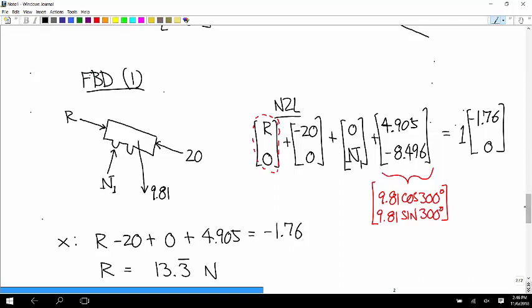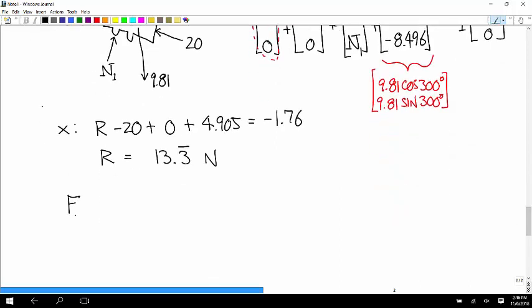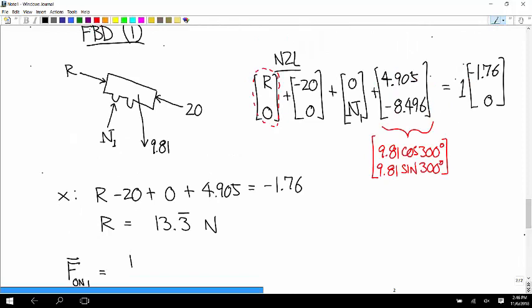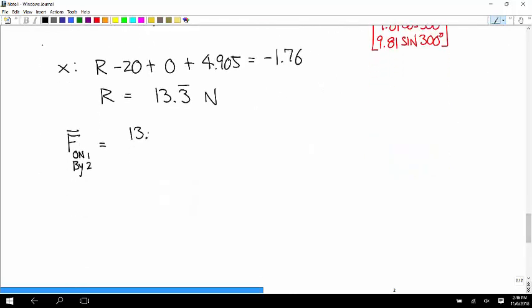So plug this value in for r, and you get that the force on the 1 by the 2 is equal to 13.3 repeating, 0. Or in other words, it's this direction with a magnitude of 13.3 repeating newtons. Any questions about that?